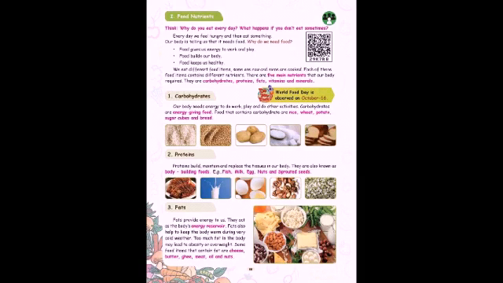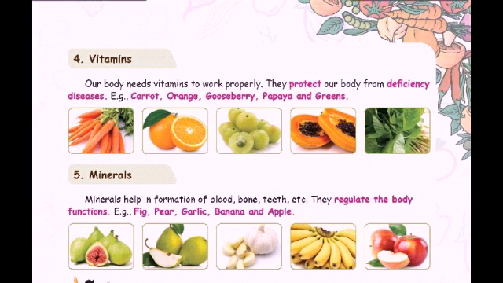So from this lesson number 1, food, we should understand the 5 main nutrients: carbohydrate, protein, vitamins, minerals and fibers, which we called roughages, isn't it? These are very important in our food items.